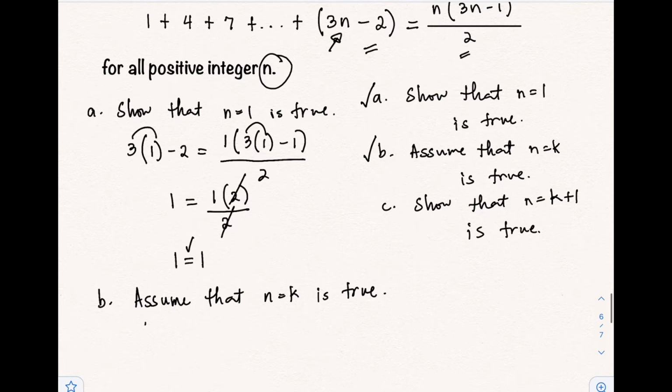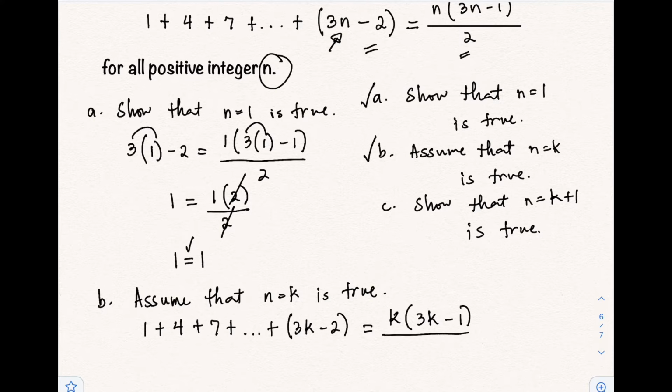So we have 1 plus 4 plus 7 up to 3n minus 2, so that is 3k minus 2. Tama? Equals n, which is k times 3n minus 1, so that is 3k minus 1 all over 2. Okay, so ito na yung ating assumption na n equals k is true. So proceed tayo dun sa ating third step.